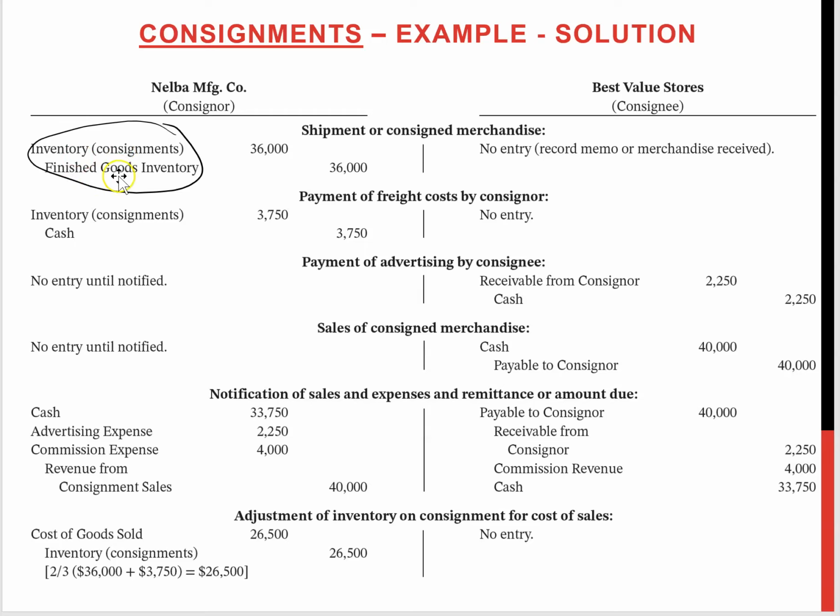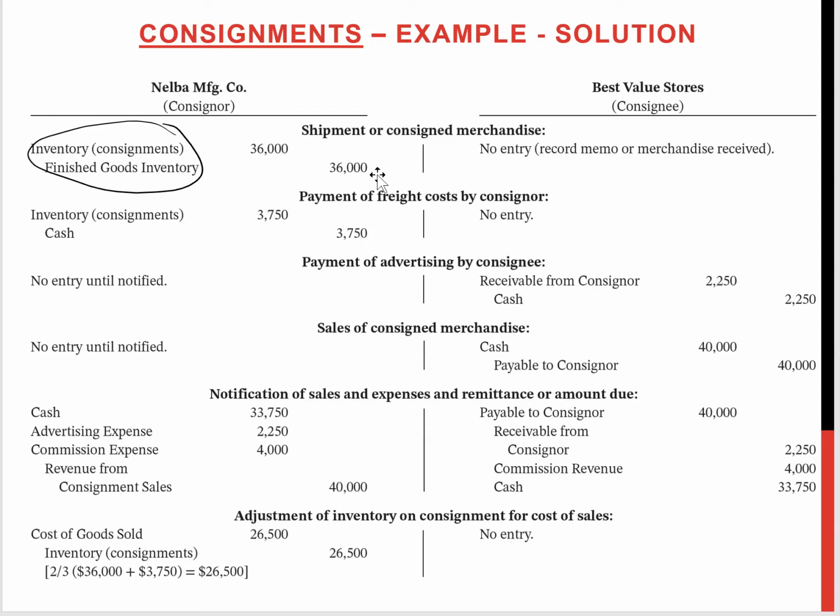It's not the actual sale. It's just reclassifying the inventory. So they are debiting inventory but labeling it as consignment because this inventory is already transferred to the consignee to sell, and they are reducing their finished goods inventory, which is $36,000. This is the consignor's journal entry to reclassify the inventory.